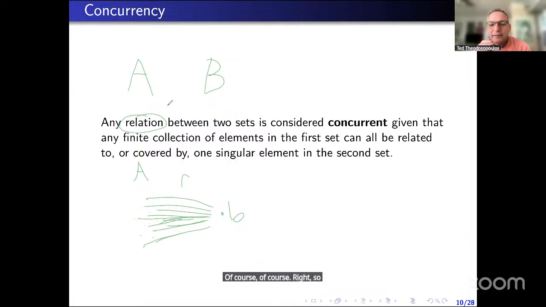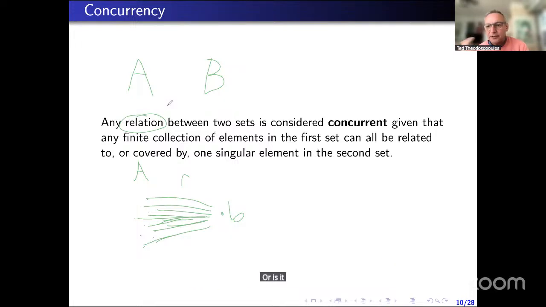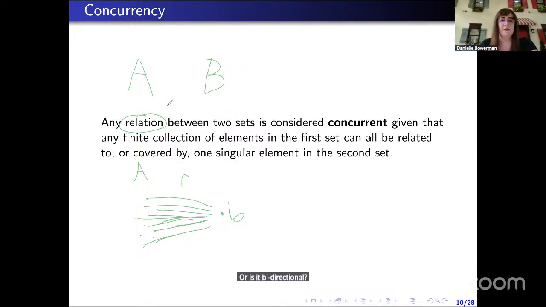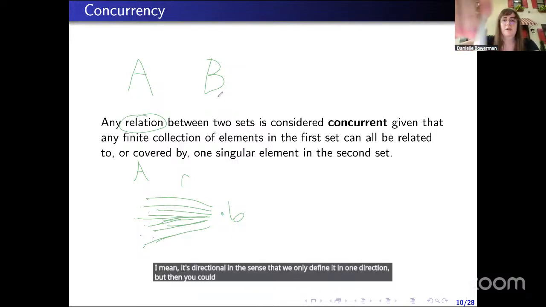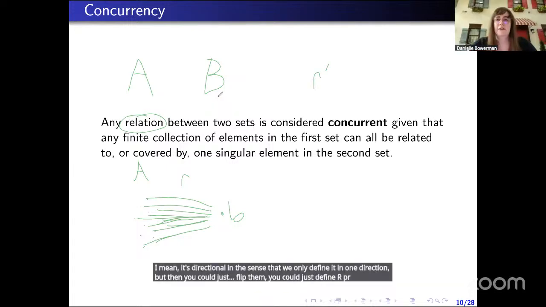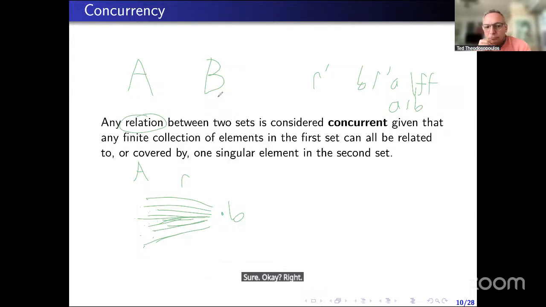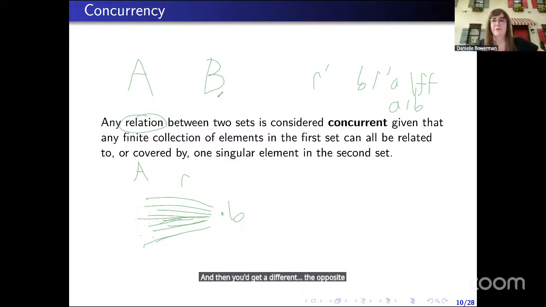So this relation between them has this property, and for that matter, is it a directional property? Or is it bidirectional? It's directional in the sense that we only define it in one direction, but then you could just flip it. You could just define R prime as B R prime A if and only if A R B. Okay. And then you'd get the opposite direction could be concurrent or not.